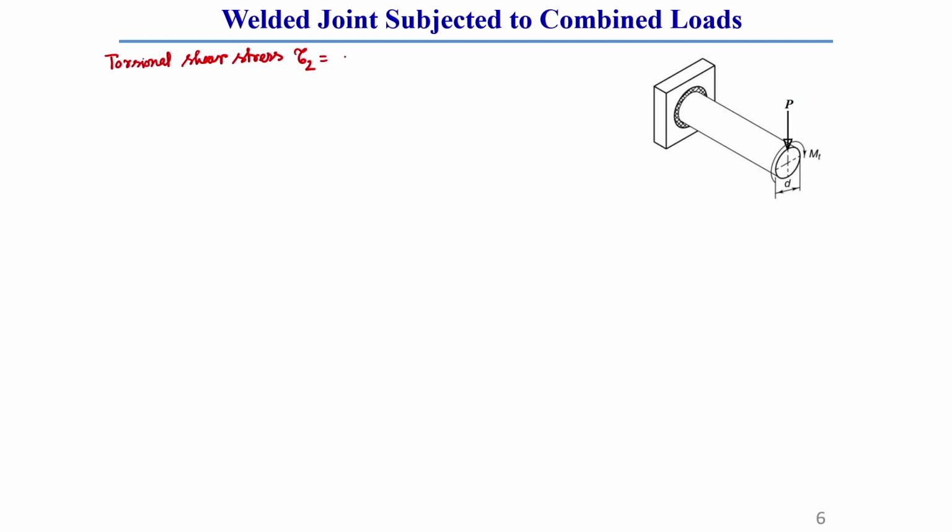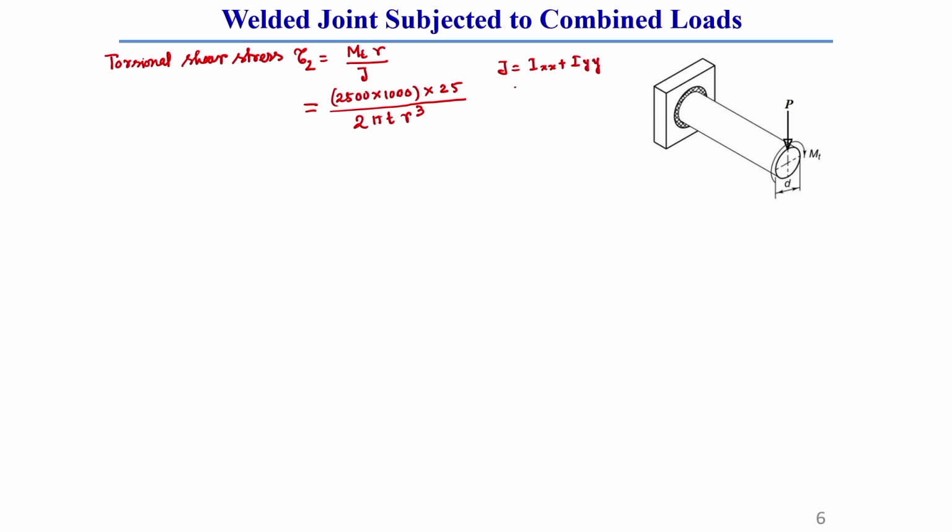tau 2 we can write as M_t r divided by J. We know M_t is equal to 2500 Newton meter, so this will be Newton millimeter, so we are multiplying with 1000. r is 25, and J I have shown you in the last lecture, that is 2 pi t r cube, because J, the polar moment of inertia, is equal to I_xx plus I_yy.